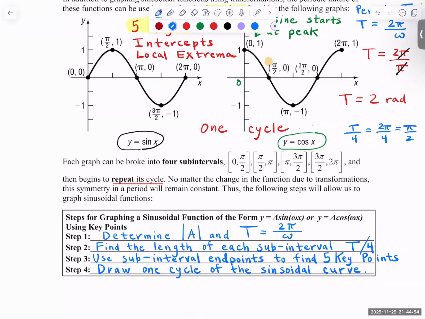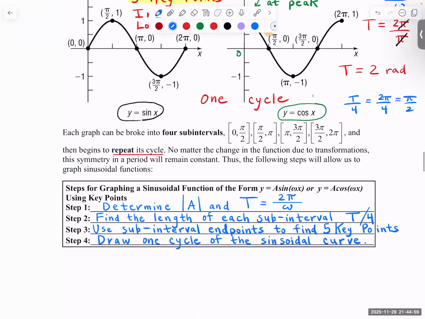Now, the general steps for graphing a sinusoidal function, y equals a sine omega x, or y equals a cosine omega x. First step is to determine the amplitude, which is the absolute value of a, and the period, which is the fundamental period, 2 pi divided by omega, which multiplies x in the argument.